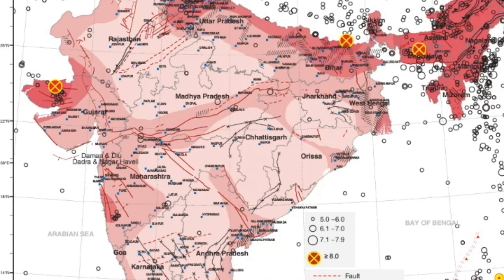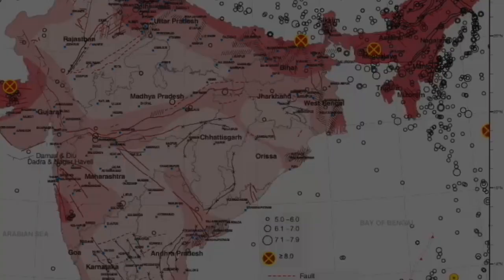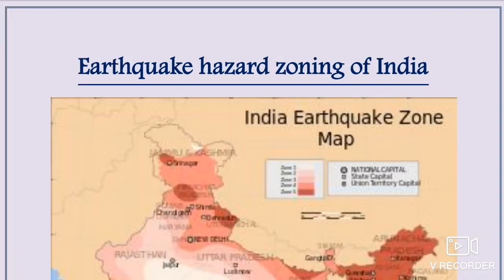Okay, so now we come to the descriptive part. We will talk about the earthquake hazard zoning of India. As we know, in India earthquakes frequently occur along the foothill zone of the Himalaya, because the Himalaya is bounded by several fault zones, starting from Kashmir in the west to Assam in the east.